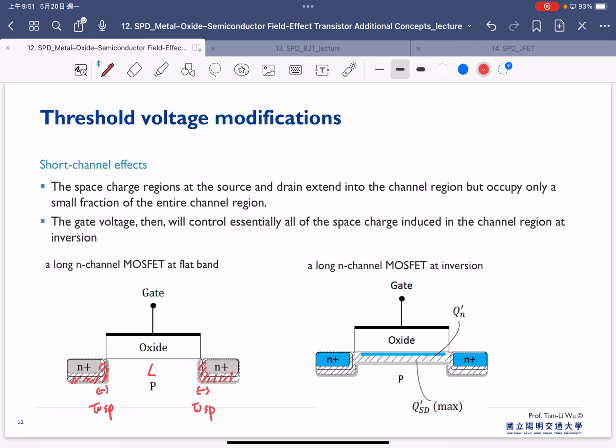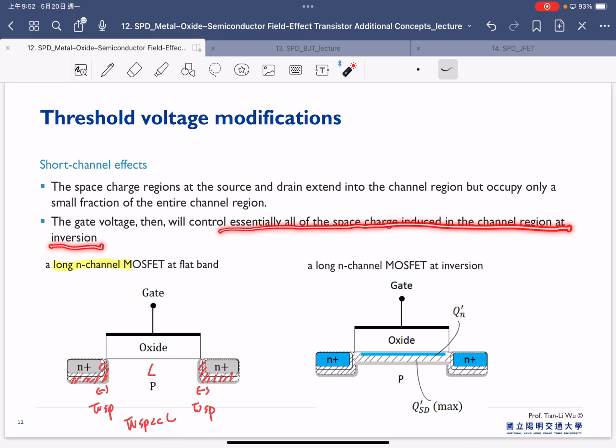But because our channel length is much longer, the depletion region is much smaller than our channel length. So in this case, this is a long channel. Because our space charge region is much smaller than the channel length, the gate voltage will control essentially all the space charge in the channel region and the inversion.